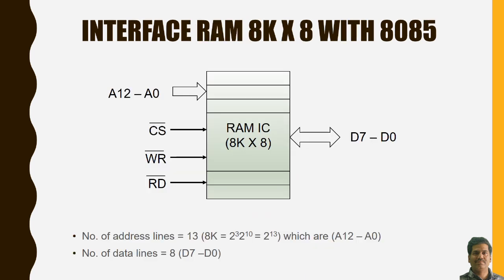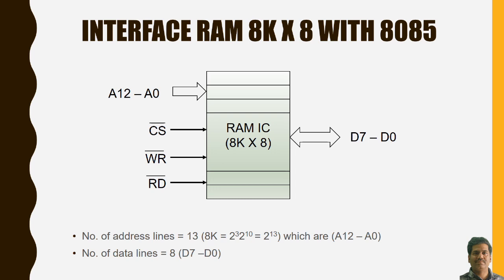Now let us see the second problem. We have to interface 8 of 16K by 8 RAM ICs with the 8085. Now the number of address lines required in this particular case is 2 to the power 3 into 2 to the power 10, that is nothing but 2 to the power 13. So n is equal to 13.